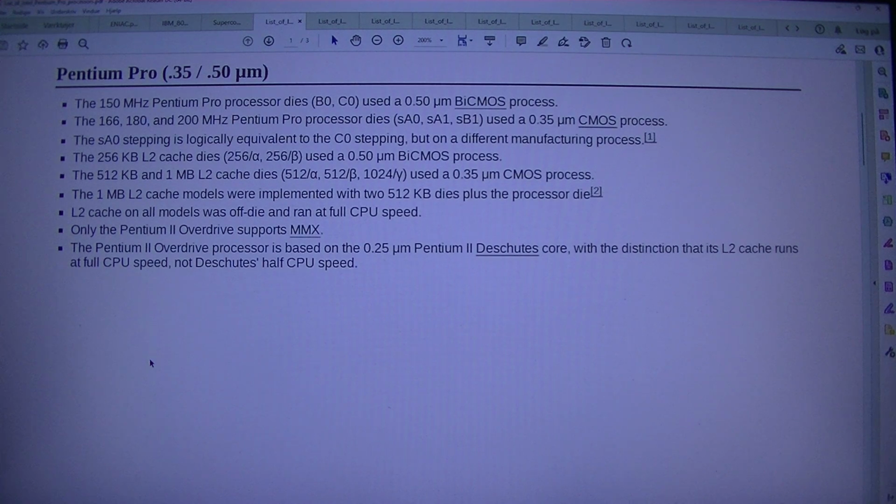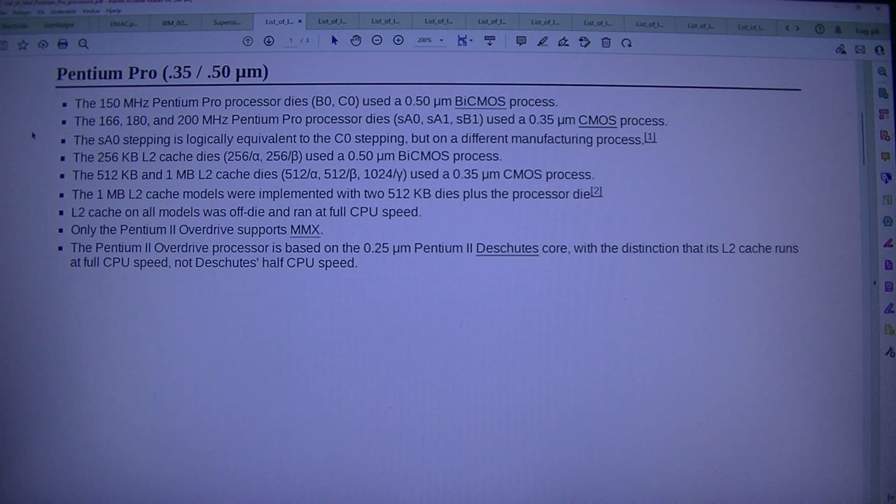The 166, 180, and 200 MHz Pentium Pro processor dies, SA0, SA1, SB1, used a 0.35 micrometer CMOS process. The SA0 stepping is logically equivalent to the C0 stepping, but on a different manufacturing process.